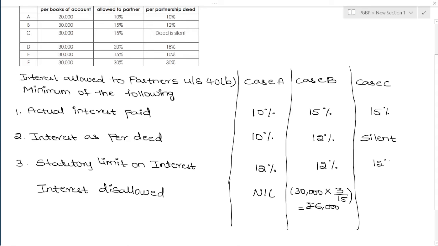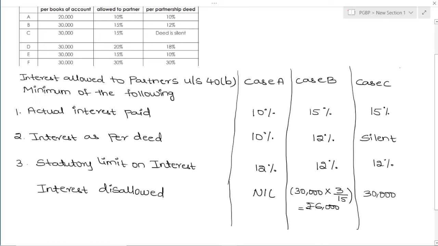Now in these three, what is allowed? Simple. If deed is silent, nothing is allowed. Correct? So entire interest paid without any calculations, right? Entire interest paid 30,000 will be added back. So disallowed will be 30,000. Write down. Disallowed will be 30,000.